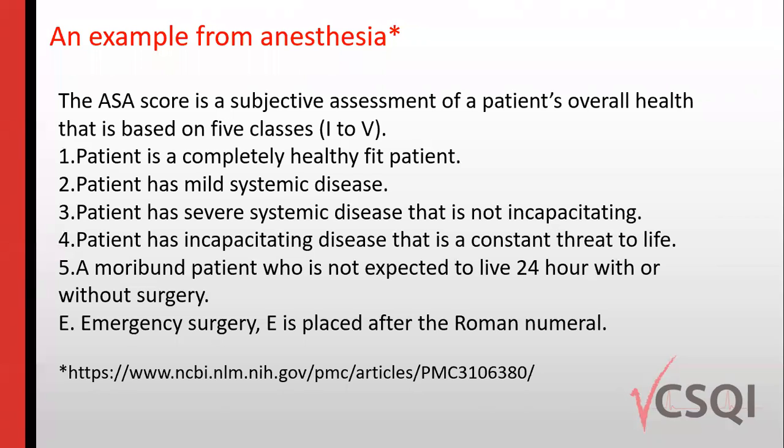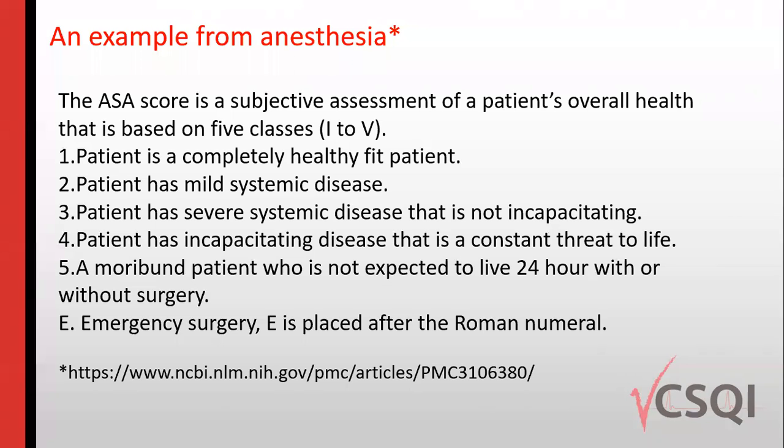So the ASA score is pretty universally used in the surgical setting now, addressing the patient's risk for anesthesia, and it definitely relates then to how that patient is cared for while under anesthesia. So you can read more about the ASA score for those of you that are surgical practices, but you're probably familiar with this one already.